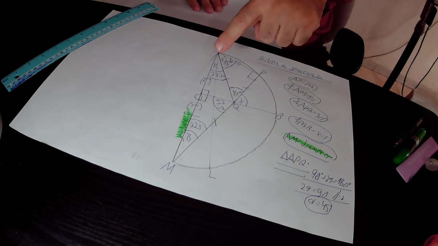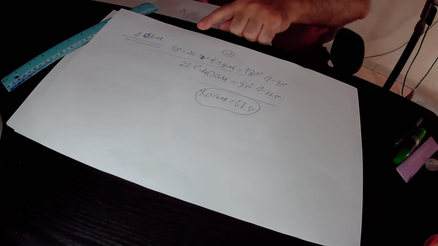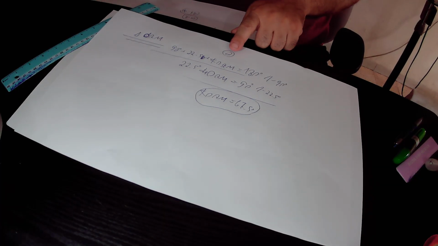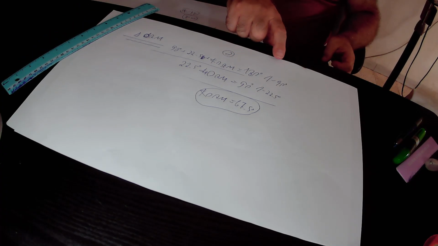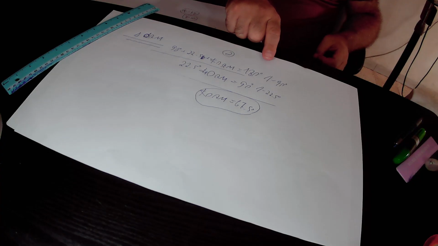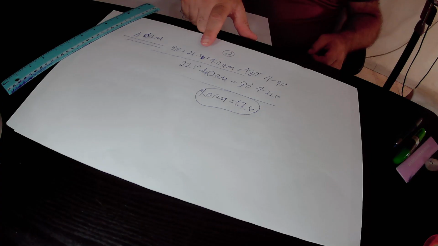So again, in the right lower triangle OQM, 90 degrees plus 22.5 degrees plus the size of the missing angle OQM, in total must be equal to 180 degrees. Here we subtract the 90 degrees from this equation, and finally find out that 180 degrees minus 90 degrees is 90 degrees, so 90 degrees equals 22.5 degrees plus the size of the missing angle OQM.